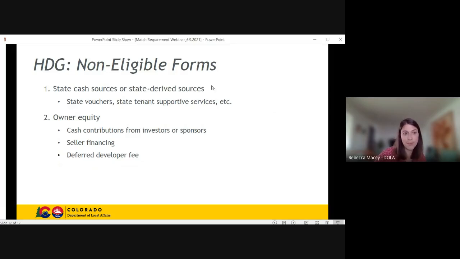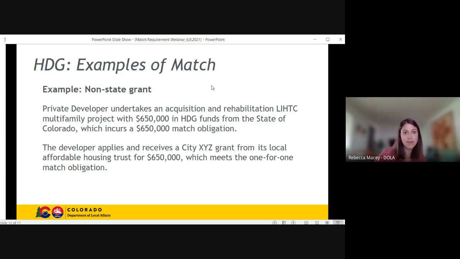Next, we'll go into a couple examples. So, an HDG example of match. A private developer undertakes an acquisition and rehabilitation LIHTC multifamily project, and they receive $650,000 in HDG funds from the state of Colorado. That incurs a one-for-one match of $650,000, and that's its obligation.